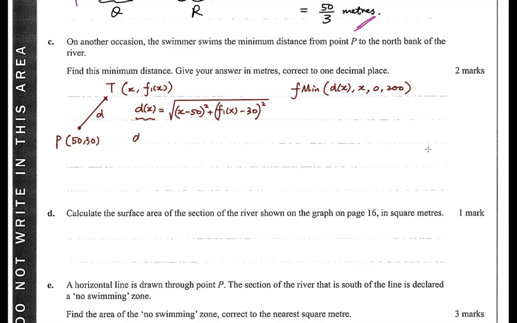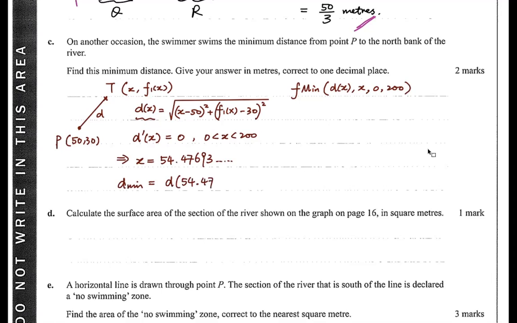Anyway, you should write d'(x) equal to 0, 0 less than x less than 200. Solving that equation, you should get x equal to 54.47693 something.